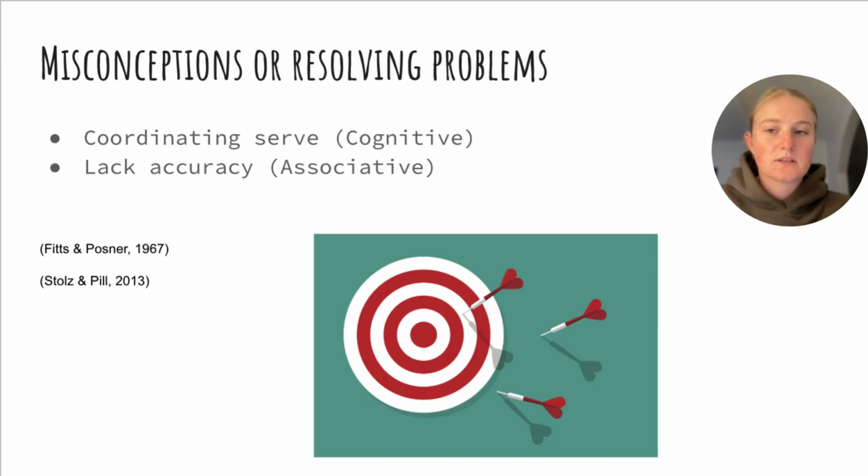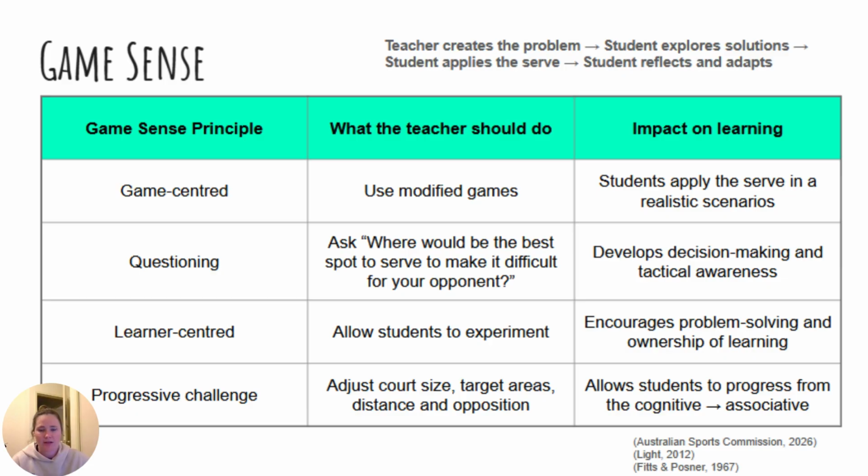This extrinsic and intrinsic feedback is an important skill to learn and is also going to resolve a lot of problems in the class. Game sense has several implications for teaching practice when teaching the underhand volleyball serve.